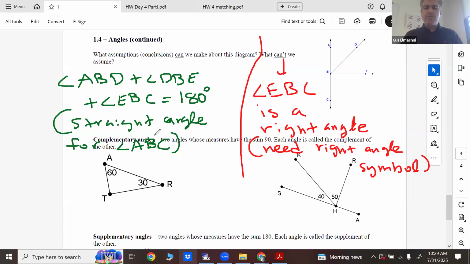I won't erase the screen just yet. Complementary means add up to 90. So if that's true, you can say angle A and angle R are complements of each other.